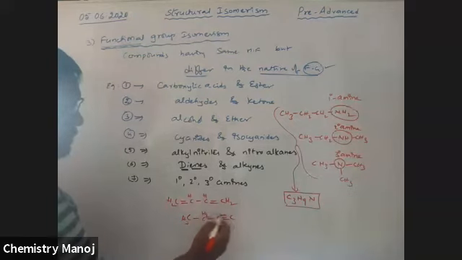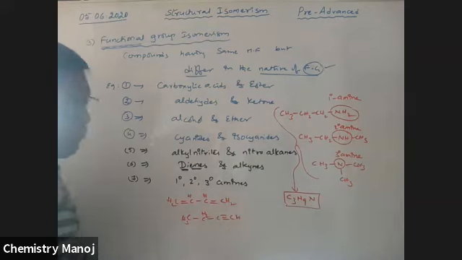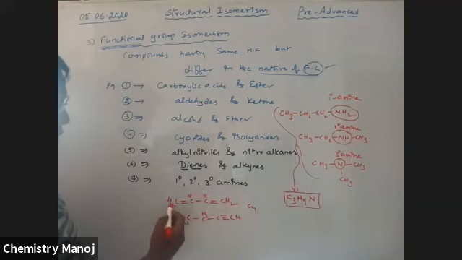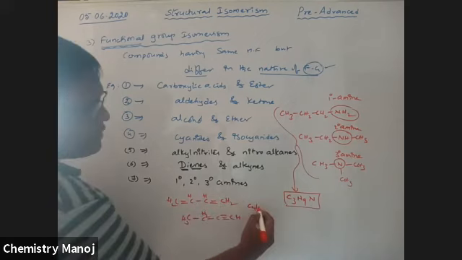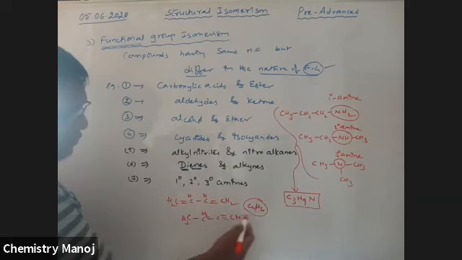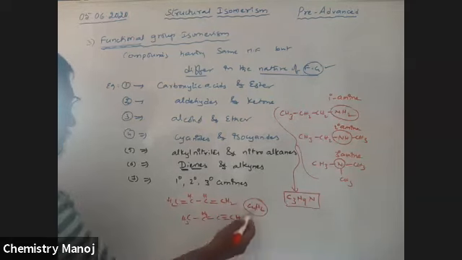Here 4 bonds are completed, no hydrogen. 3 bonds are completed, only 1 hydrogen. So here 4 carbons, hydrogens 2 plus 1 plus 1 plus 2, 6. C4H6 is the formula. Here also 4 carbons, 3 plus 2 plus 1, 6.